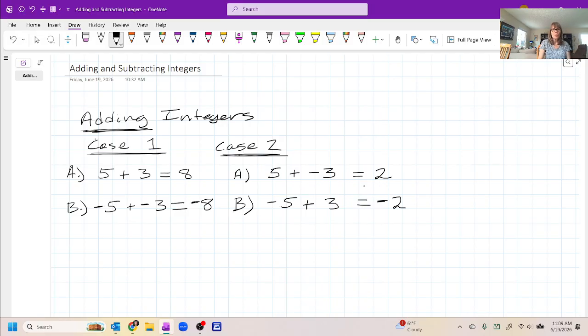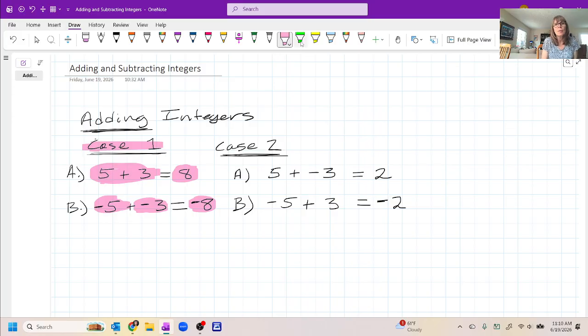There's a poem that goes with this, and I'm going to talk about that in just a minute, but I just wanted to point out again, case 1 is when these numbers have the same sign, and when they have the same sign, the answer is going to have that same sign. Here you have $5 plus $3, so you have 8 positive dollars altogether. In this other example, negative $5 plus negative $3, altogether I have negative $8.